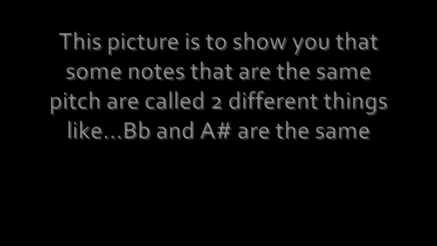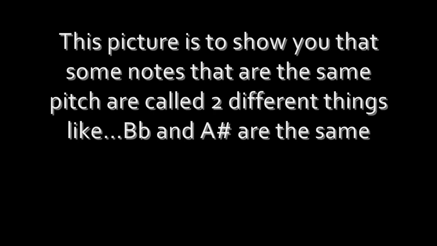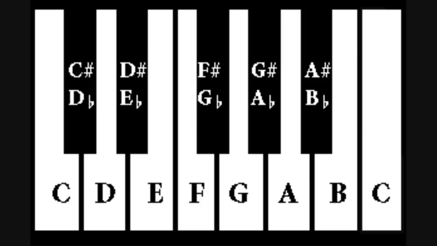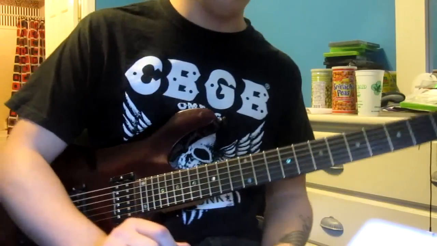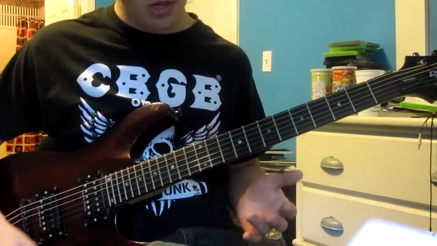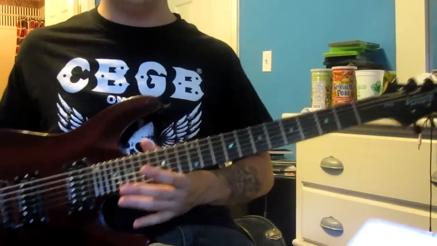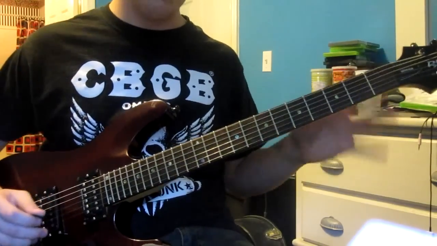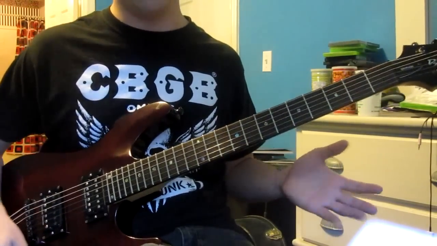So now to the scale. I'll show you. The easiest way to demonstrate the major scale would probably be on a single string, and I will just do the high E string and I'll demonstrate the whole, half, whole, half.